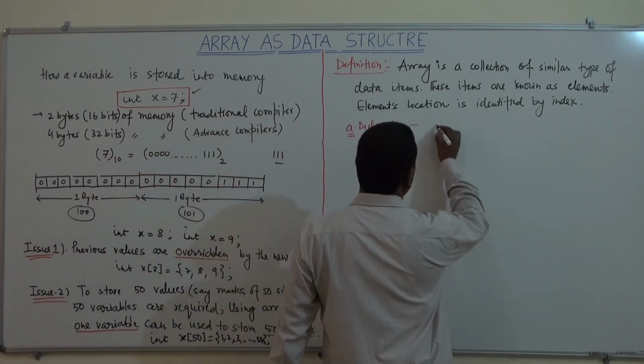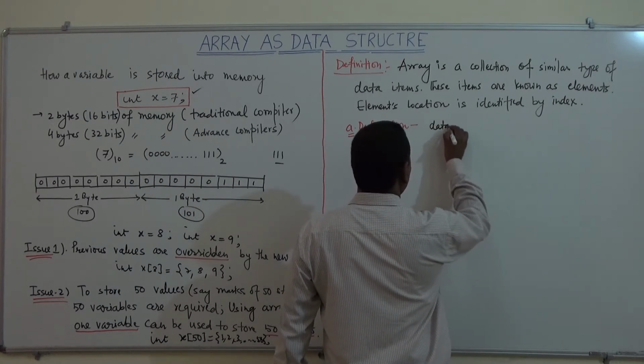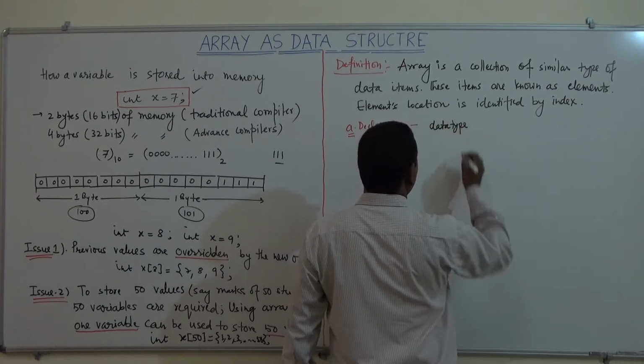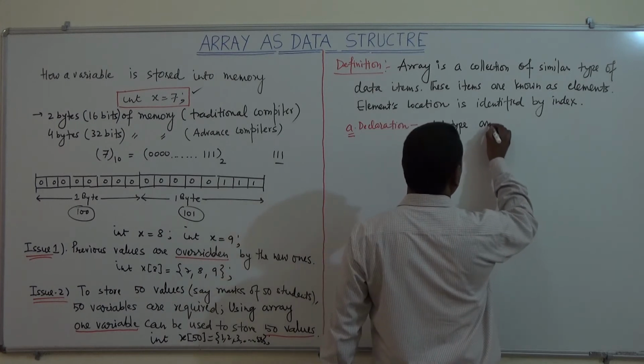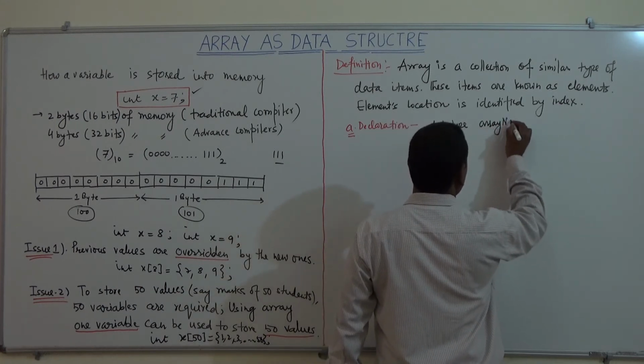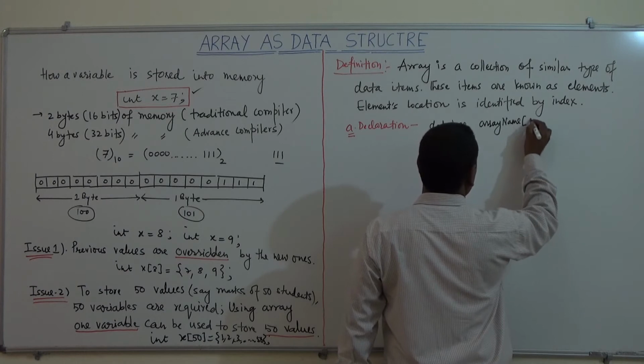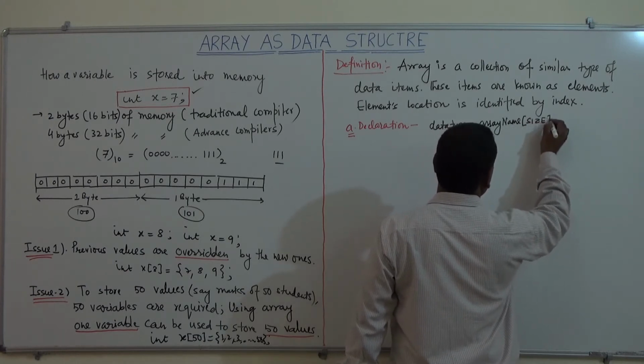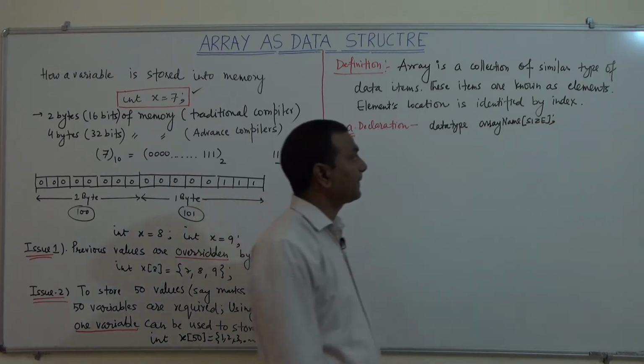So it will be like data type, then array name, and then size of the array.